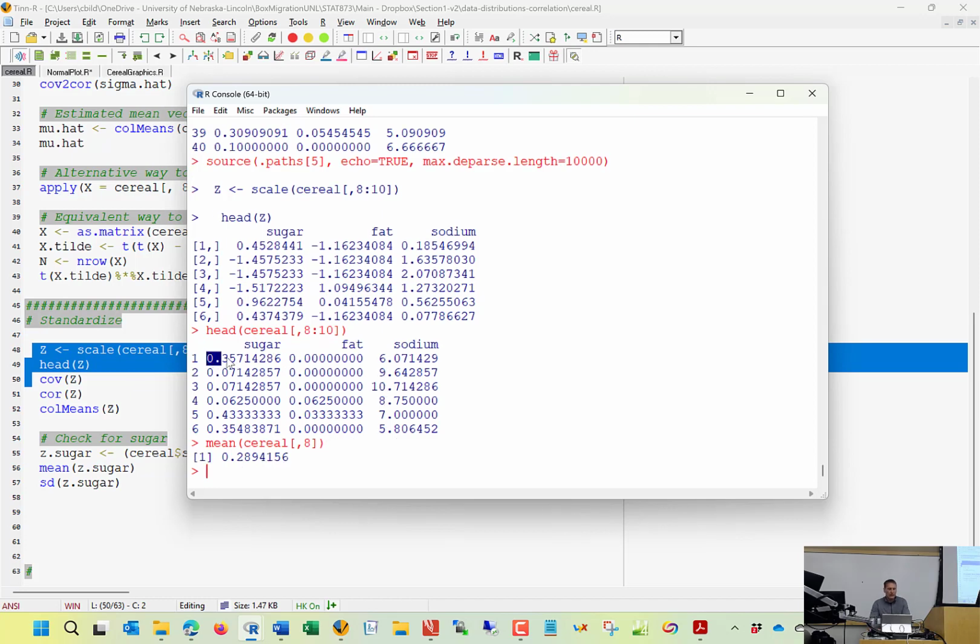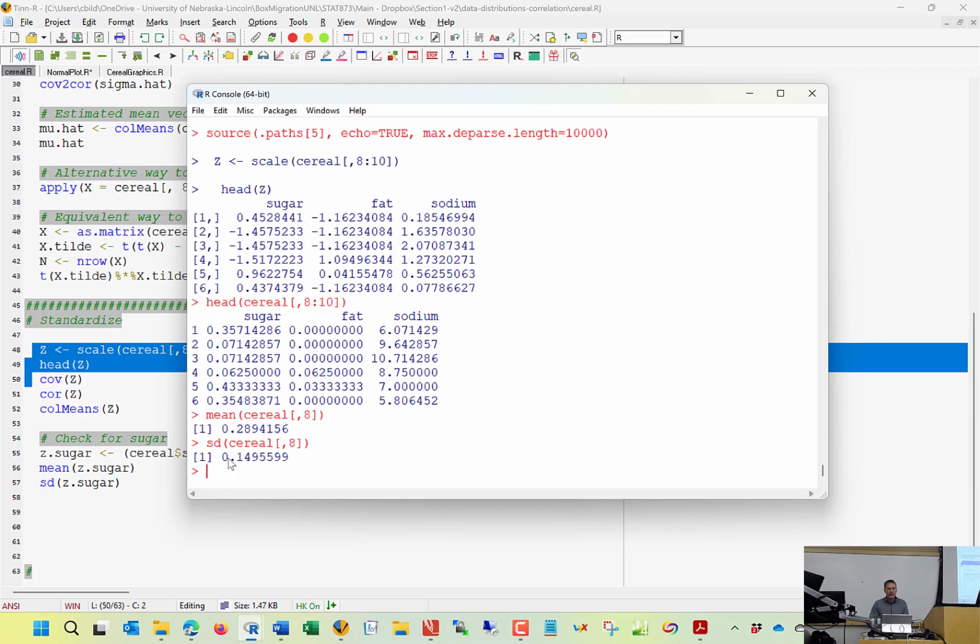Then I divided that by the standard deviation of all the sugar values, 0.15. That's how that 0.45 came about right here. You can verify that on your own.